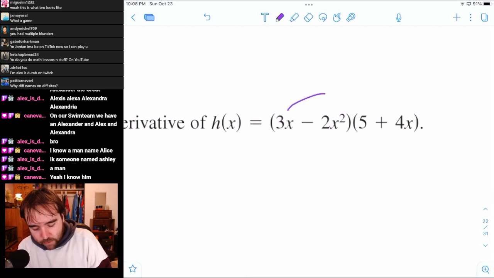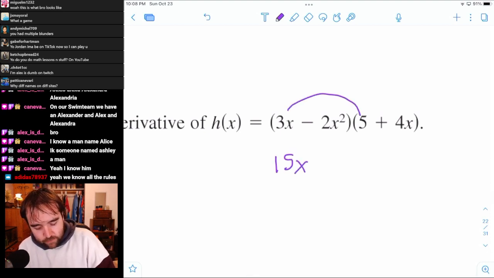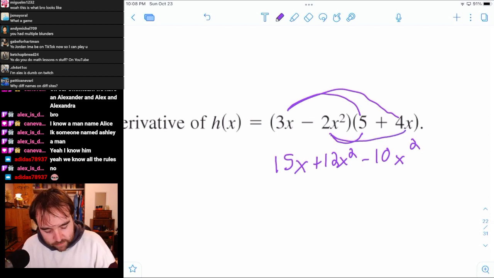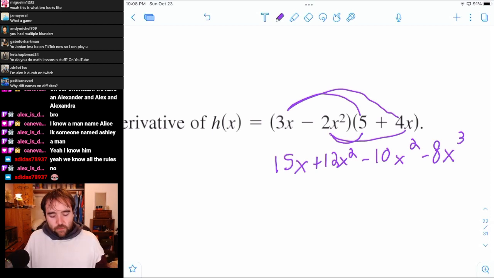So let's FOIL. So let's do that times that, 15x, that times that, 12x squared, this times this, negative 10x squared, and this times this, negative 8x cubed.